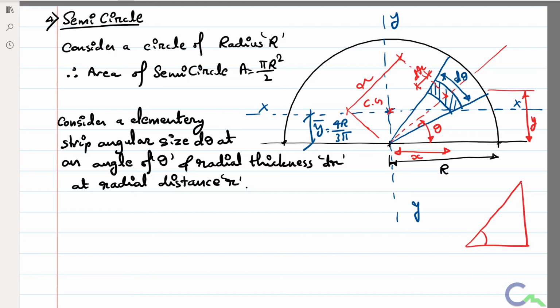So this angle is theta, horizontal direction at a distance of x, vertical direction y and radial direction r. Our elementary strip is like this, that is the distance of CG. Now the base of the semicircle I am going to consider as AB.